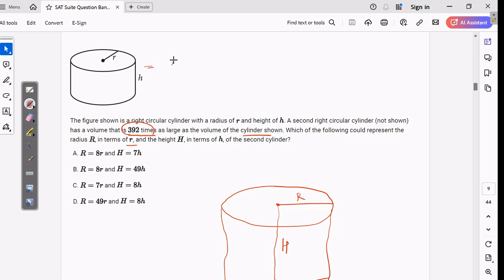So the volume of this one will be pi r square h, right? Yes. And the volume of the bigger one will be pi capital R square times capital H. And this one is given as 392 times the volume of the smaller cylinder.